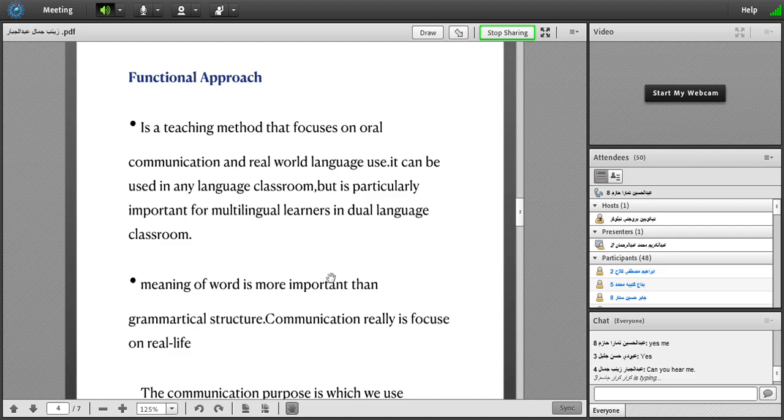Yeah, I know she has a mic, but I can't hear her. Okay, Zainab, you have a microphone. You can turn it on. Tap on the mic. You can start talking.